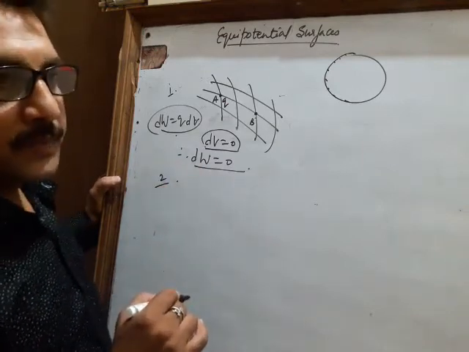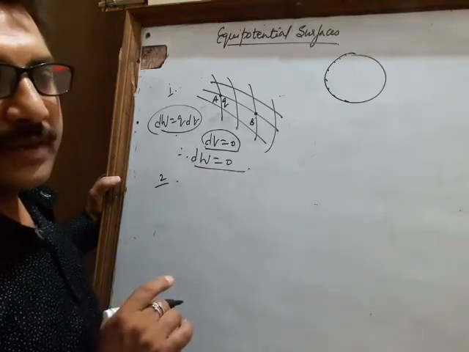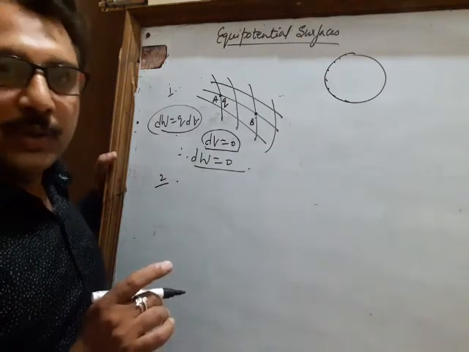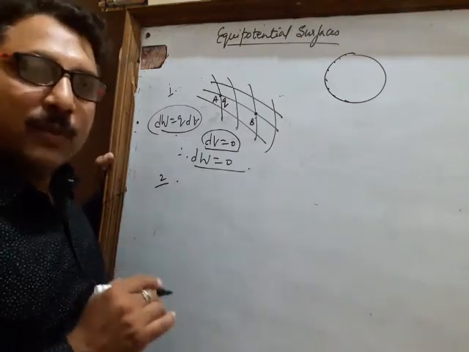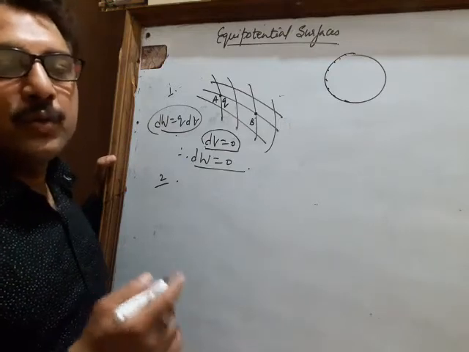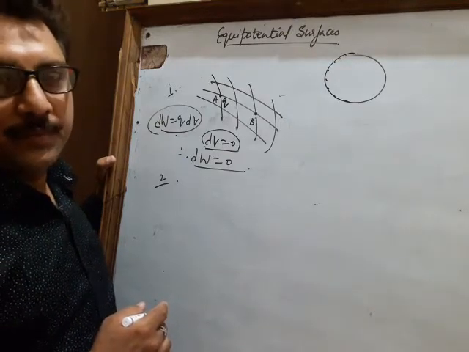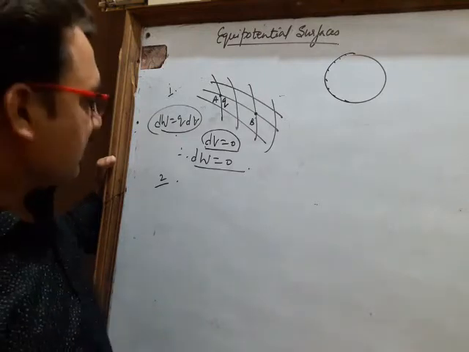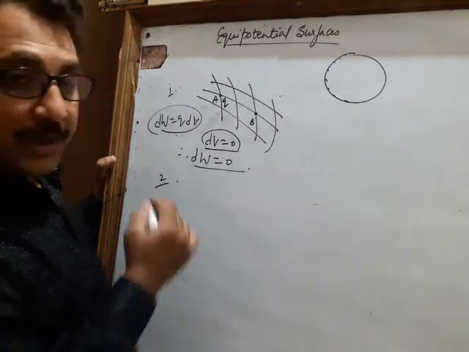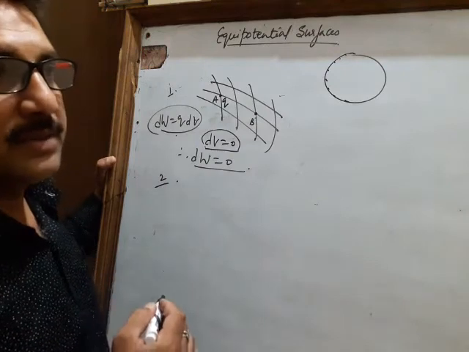Then no two equipotential surfaces can ever intersect, because if they do so, then at the point of intersection they will give two directions of the same electric field, which is impossible. This is the second property of equipotential surfaces.